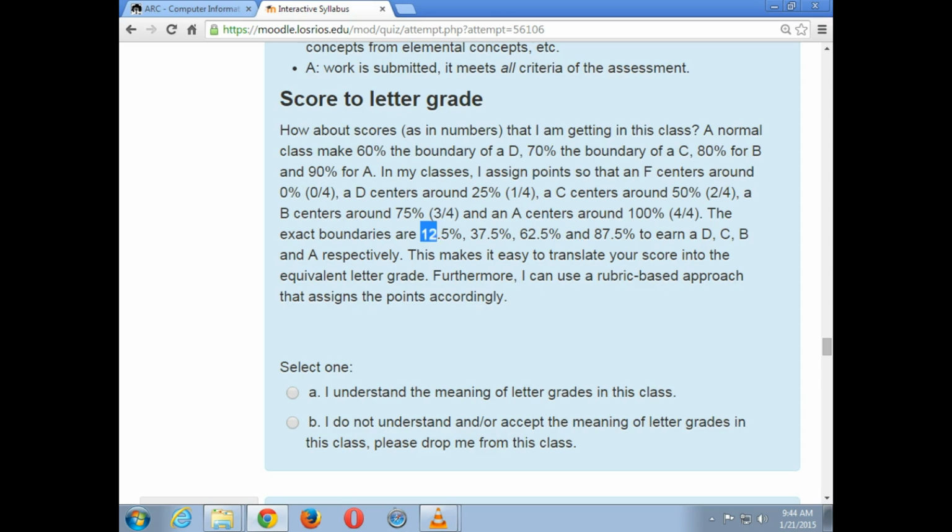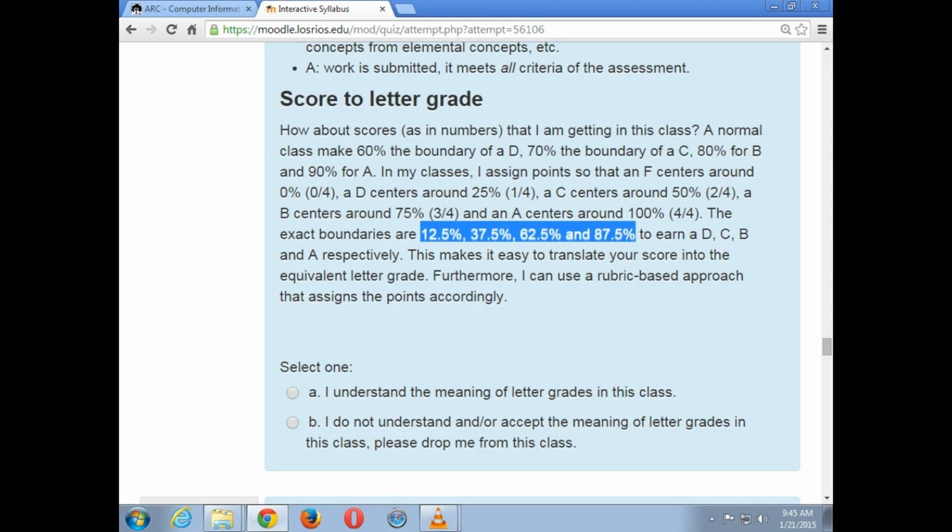To summarize, these are the thresholds. 12.5%, 37.5%, 62.5%, and 87.5% are the thresholds to get a D, C, B, and A respectively. So it's not 60, 70, 80, and 90%. It is really just all the way across from 0 to 100%.